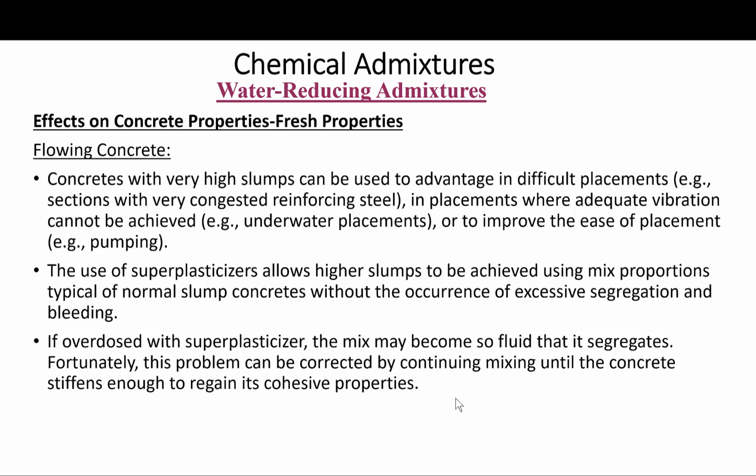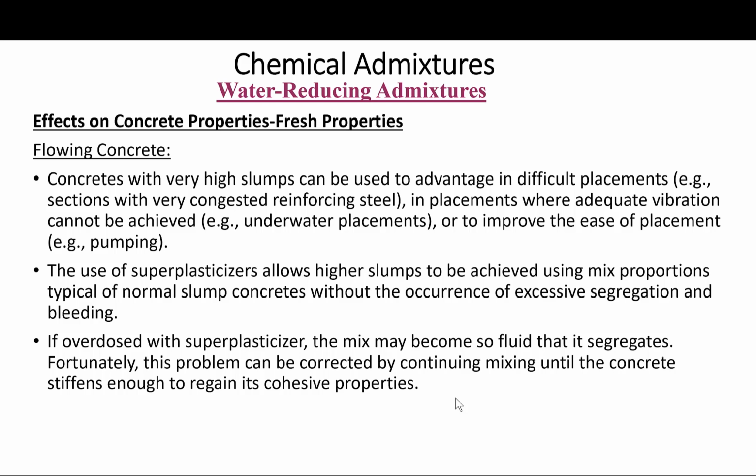But the use of superplasticizers allows higher slumps to be achieved using mix proportions typical of normal slump concretes without the occurrence of excessive segregation and bleeding. Such flowing concretes, though, are particularly well suited, as I mentioned, for tremie placement or rapid pumping concrete and self-leveling in flat work, basically in slabs and similar.